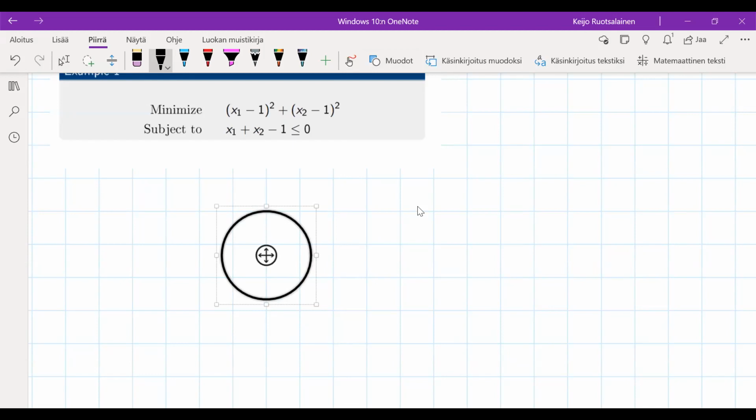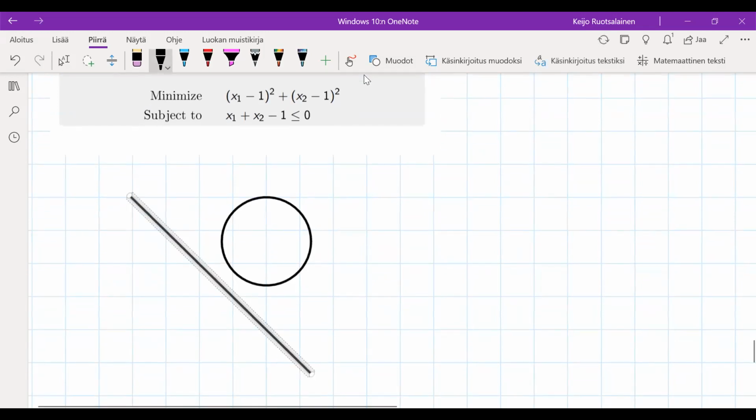It is, for example, like this. So this is x1 plus x2 minus 1 is less than 0.